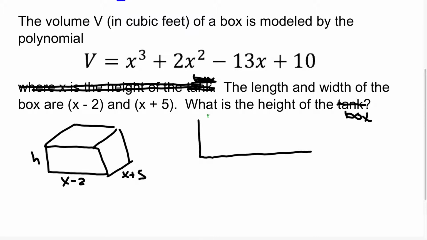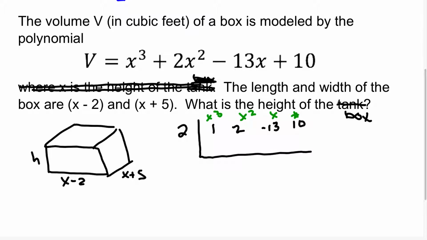My highest exponent was x cubed, so I have to have an x squared, an x, and a number. I'm going to put in the 1, the 2, the negative 13, the 10. And then if I want to divide off this length, what would I put on the outside of my synthetic for x minus 2? A 2.